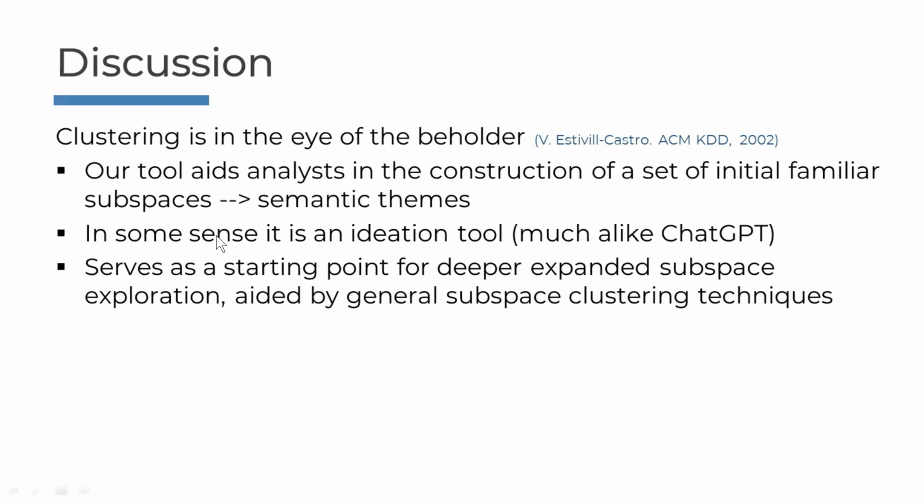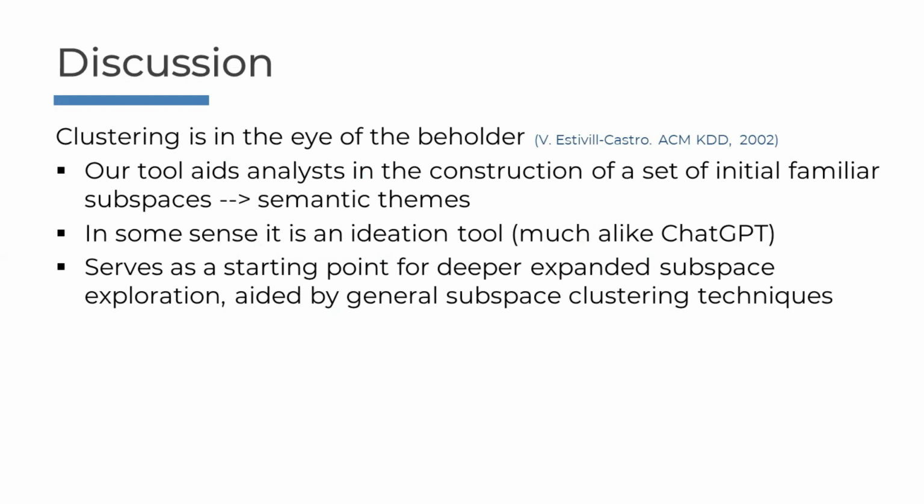So basically, our tool aids analysts in the construction of a set of initial familiar subspaces to get them started, which we call semantic themes. In some sense, this is like an ideation tool, much like ChatGPT, where you run it and get a little bit of an idea of where to follow through. You don't start with a seed of thousands of subspaces.